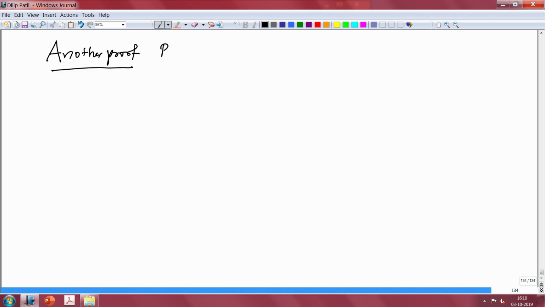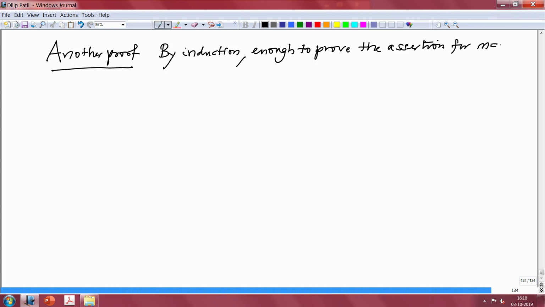By induction, it is enough to prove the assertion for n equal to 2.